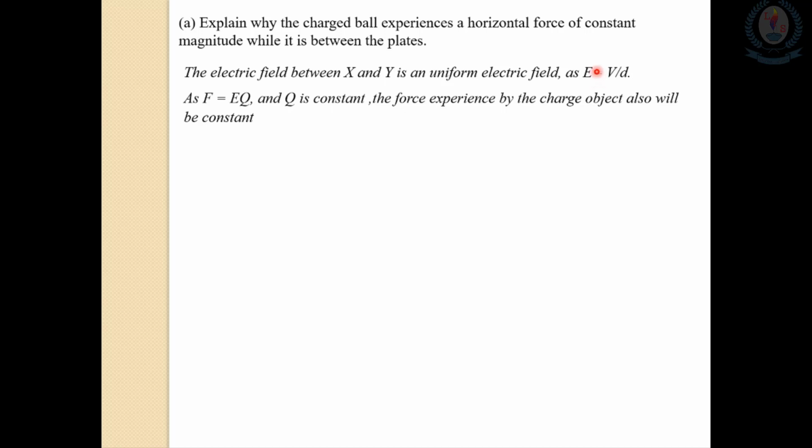We learned in an earlier video that if we draw field lines, we have to draw them parallel and equispaced. As F equals EQ, E is constant, and if Q is also constant, the force experienced by the charged object will also be constant. That is the final argument.